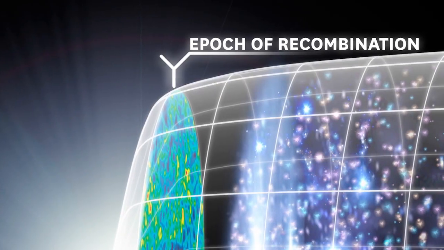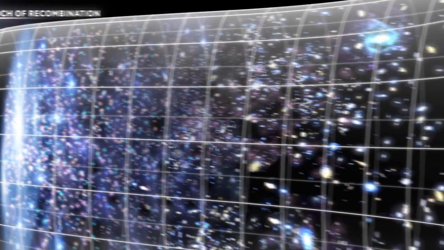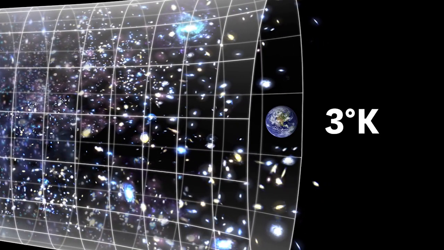But as you can see, there's a factor of over 1,000 between the original temperature at the moment of decoupling in the early universe, 380,000 years after it first came into existence, and what we see now. And this is because the entire spectrum has been redshifted from the time of decoupling, when the temperature was 3,000 degrees Kelvin, by the subsequent expansion of the universe until we measure it today as 3 degrees Kelvin.